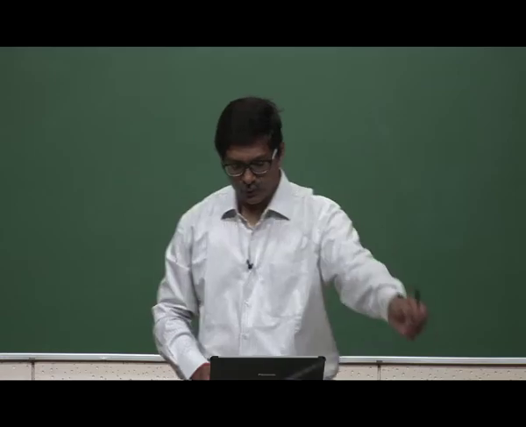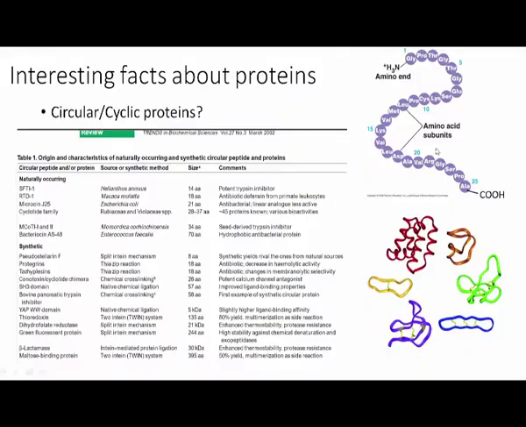So, as I told you, you can just have a look at this particular figure. You have a polypeptide which starts from one amino group, and this carboxylate group is attached to the amino group of the proline. The carboxylate group of proline is attached to the amino group of threonine, and so on, so that this polypeptide is formed.